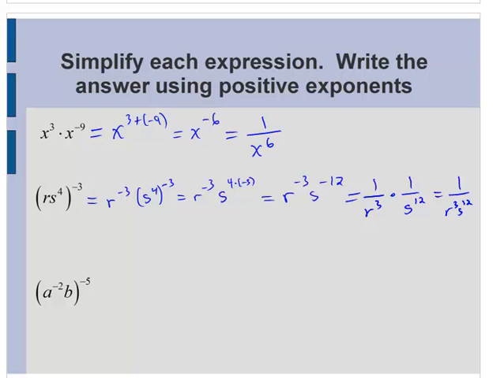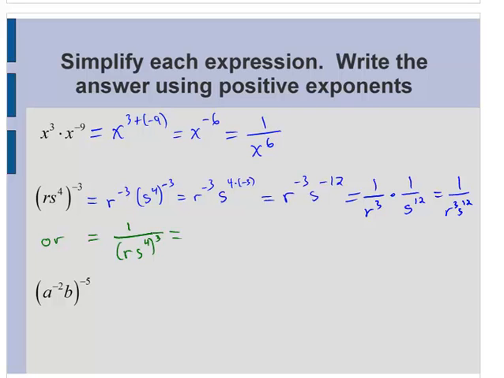Let me show an alternative method for the same exercise. We could have removed the negative exponent right at the beginning. We have a quantity to the negative third power. That would be the same as the reciprocal of the quantity to the positive third power.